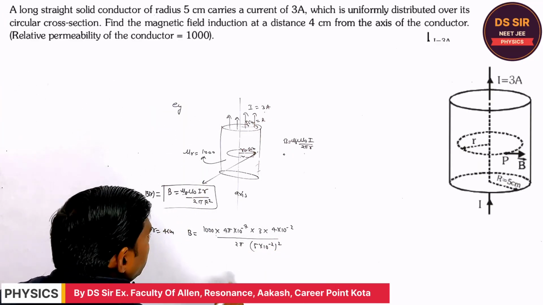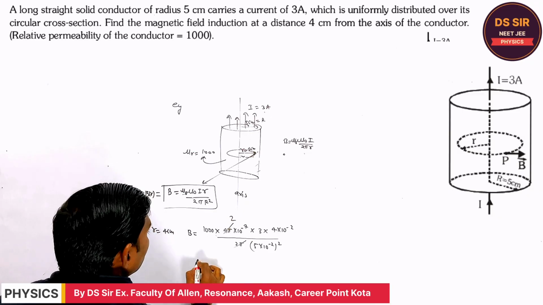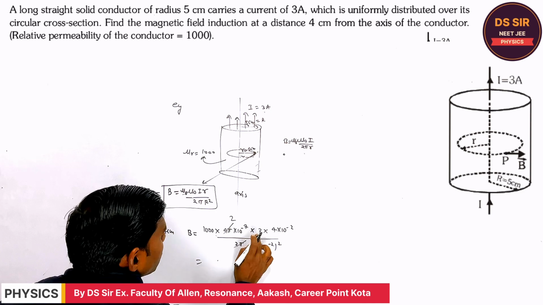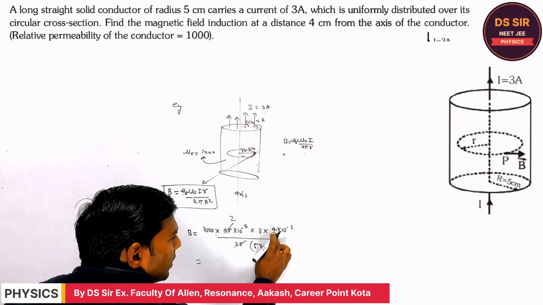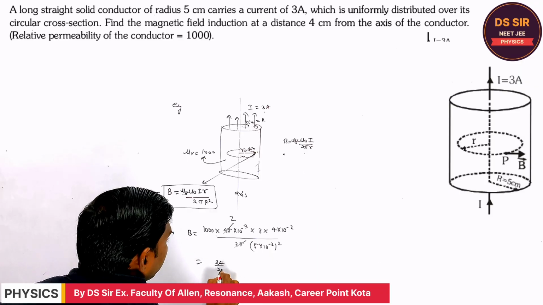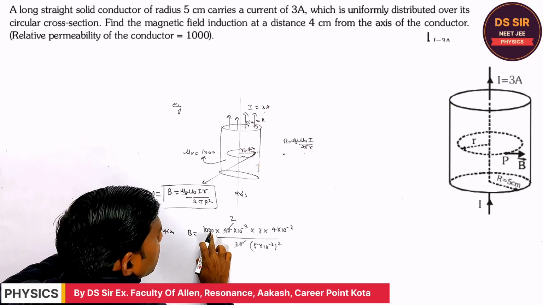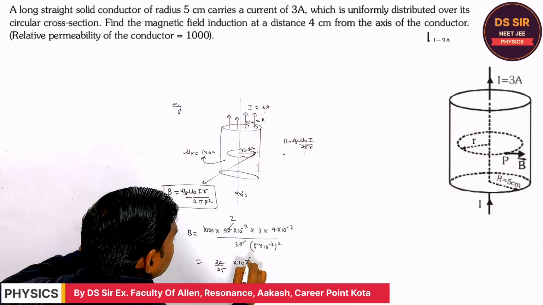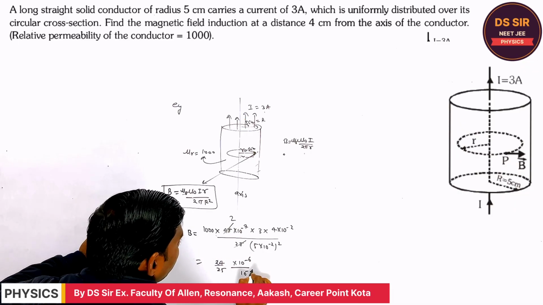Now, if you simplify this, you will get the answer. It is 2, 10 to the power 3 and 10 to the power minus 7. 2 3s are 6, 2 times 12, 3 times 4 is 12, 24 upon 25. This is 10 to the power minus 6 divided by 10 to the power minus 4.